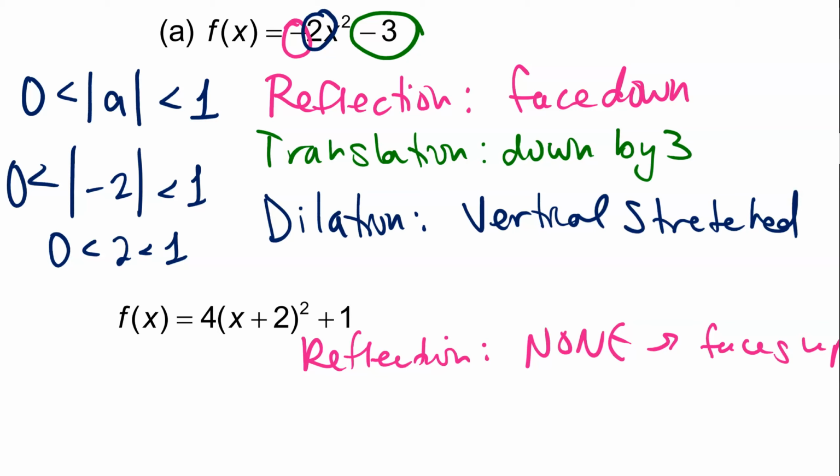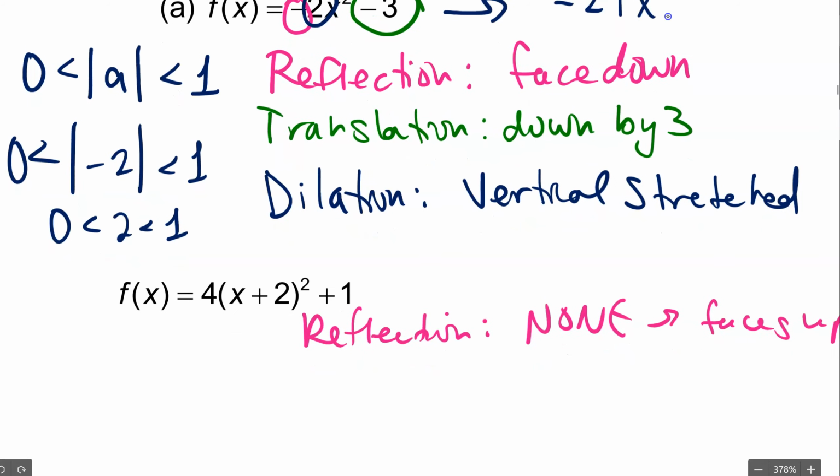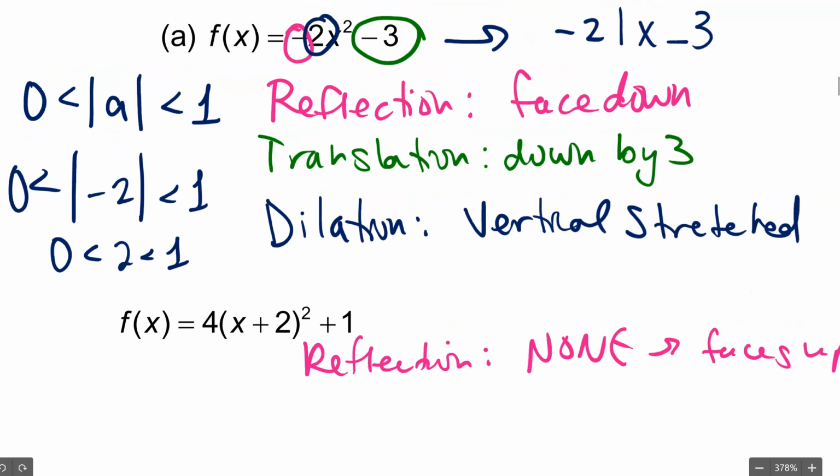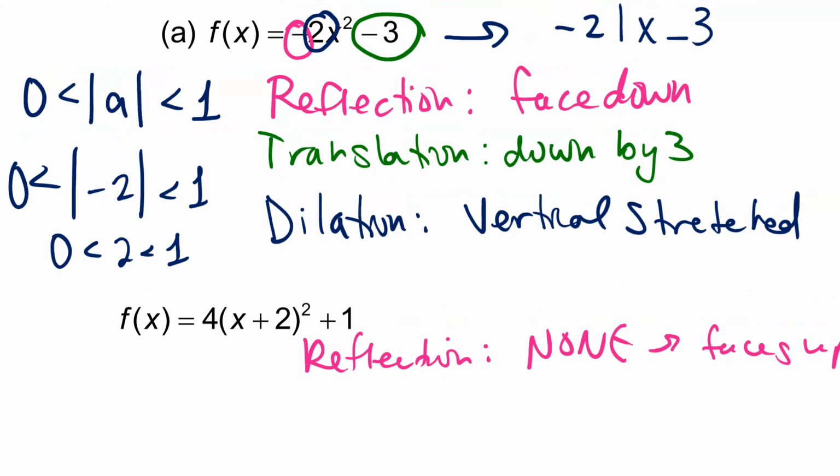It's just a parabola, that's my base. I could literally have -2 times absolute value of x minus 3. Imagine I would have a graph like this. It would just be the absolute value flipped, and the slopes of each would be 2 instead.